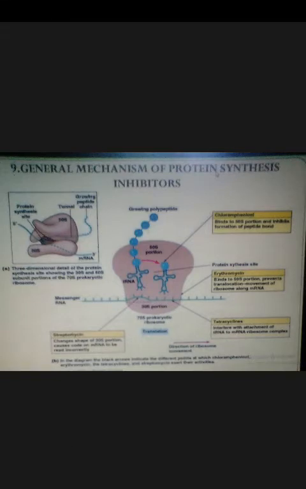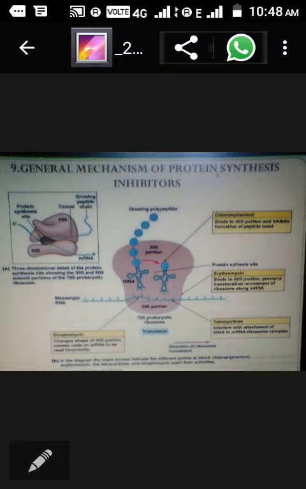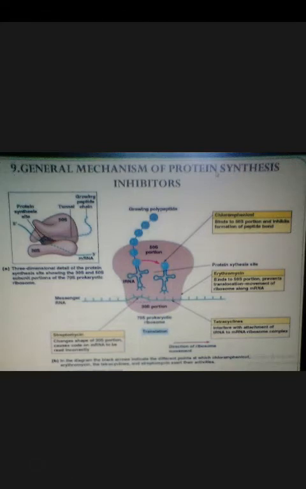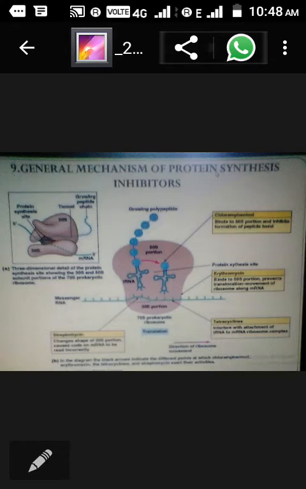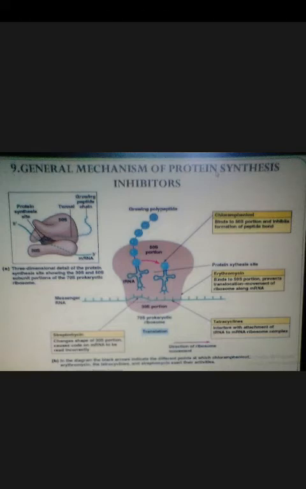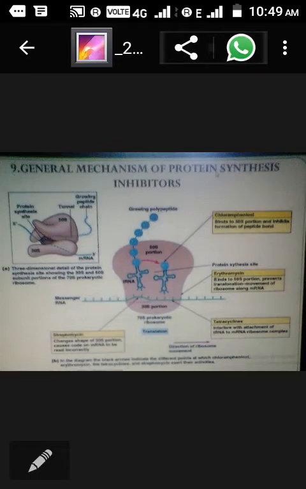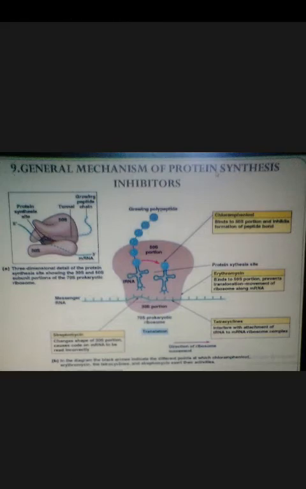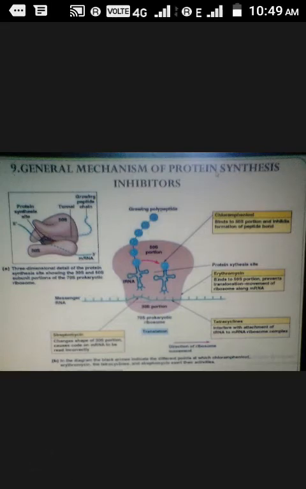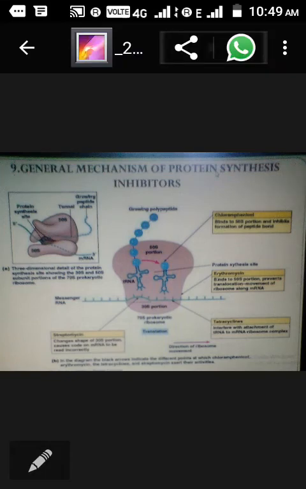Another one is tetracycline, which interferes with the attachment of transfer RNA to the messenger RNA ribosome complex. Streptomycin is another inhibitor that changes the shape of the 30S portion, which causes the code of messenger RNA to be read incorrectly.